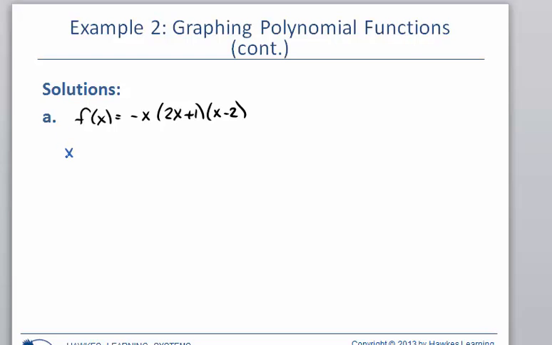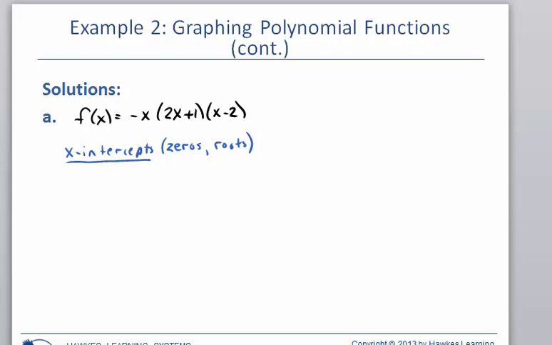All right, so the first thing that we're asked to find are the x-intercepts. And we want to keep in mind here that when we're talking about the x-intercepts, they could ask us to find the zeros or find the roots. Those are different ways to ask the same question.